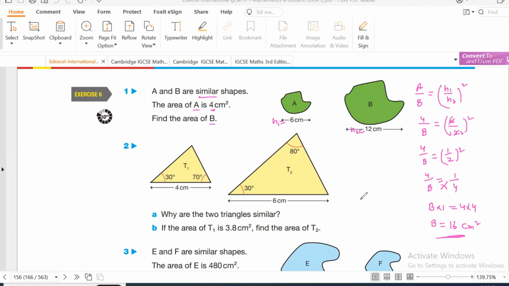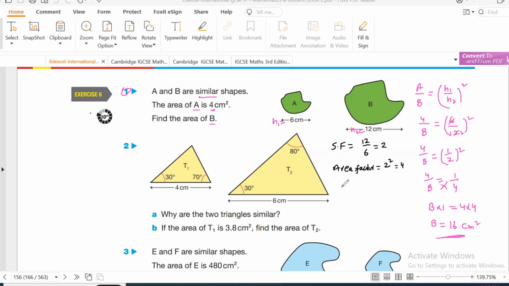This is the required answer of 1. So there is another way. In that way, you find the scale factor first. For example, the scale factor is 12 divided by 6, that gives us 2. The area factor is the square of this, meaning 2 to the power 2, which is equal to 4.